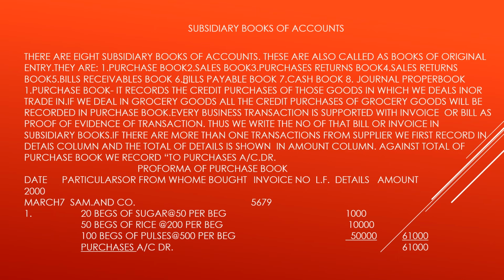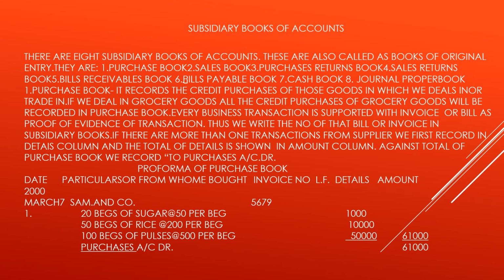Please remember, purchases account debit is written against the total of purchase book. If there are more than one supplier, in the same way we will go on recording in purchase book, and then against the final amount we will write purchases account debit.